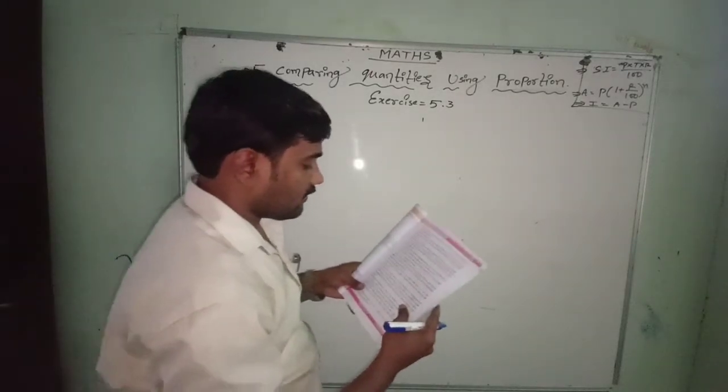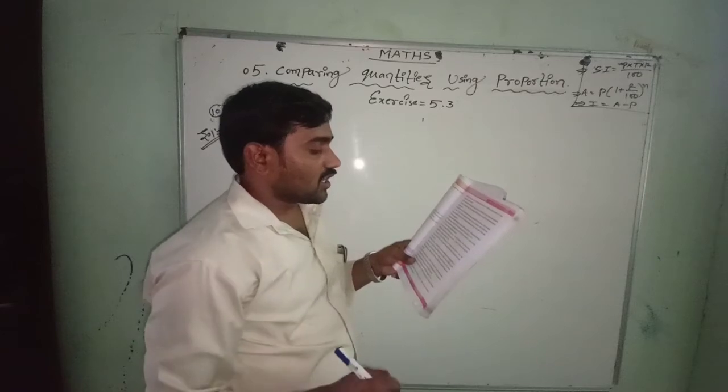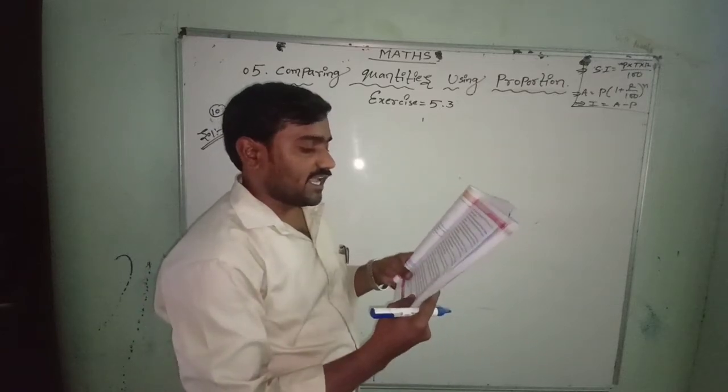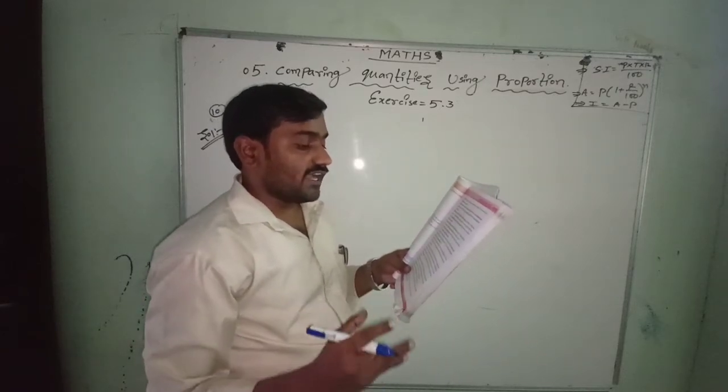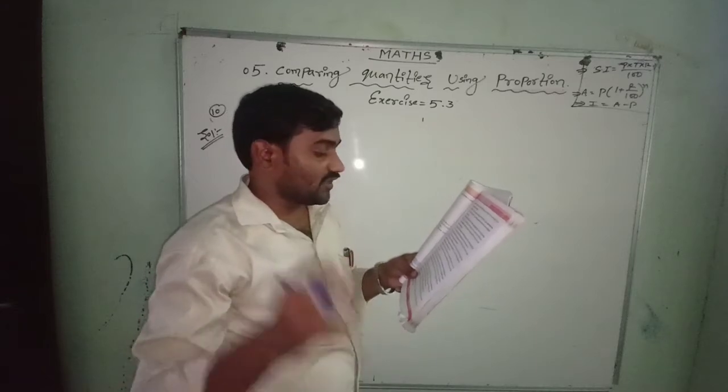Question number 10. In a laboratory, the count of bacteria in a certain experiment was increased at the rate of 2.5% per hour.